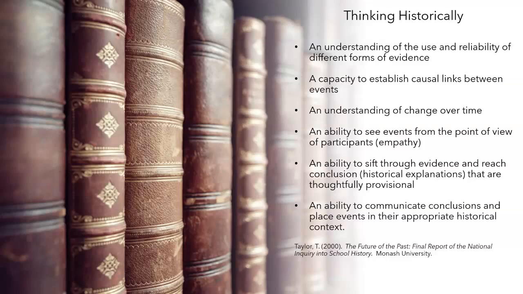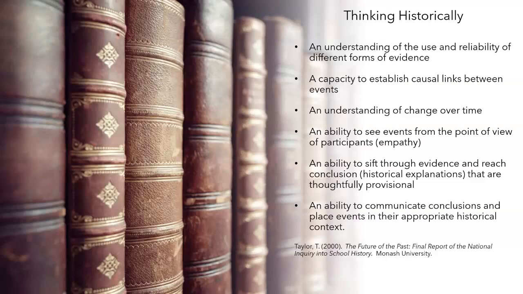Let's just quickly go through them. What does it mean to think historically? Well, that you have an understanding of the use and reliability of different forms of evidence. Very important today. We are in an information age where we are bombarded with information in so many different places, in particular on the internet.